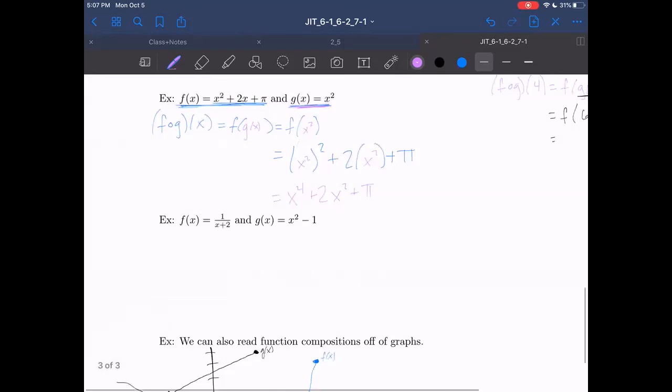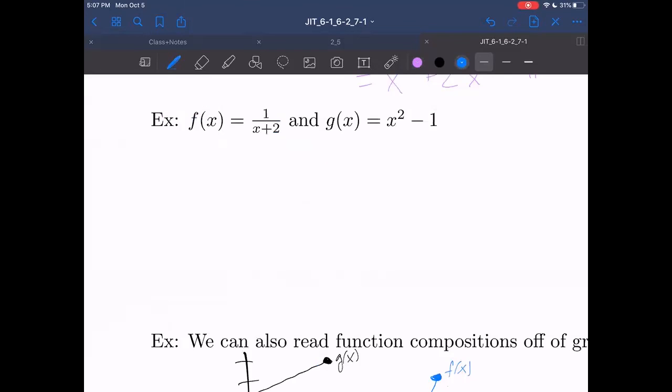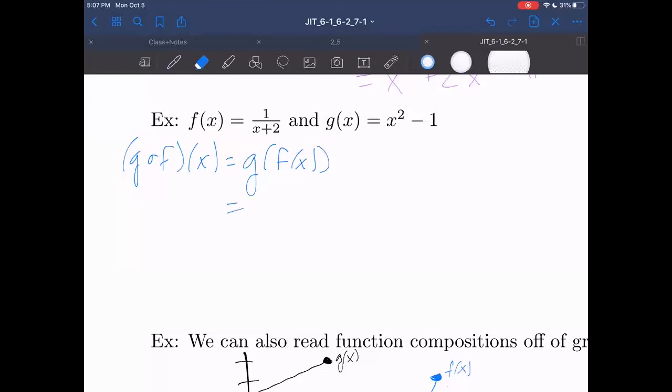So then we can also do g composed with f. Let's say we've got our two functions here. We want to do g composed with f of x. So that would be g of f of x. Okay, so anywhere there's an x in g of x, I'm going to plug in 1 over x plus 2.